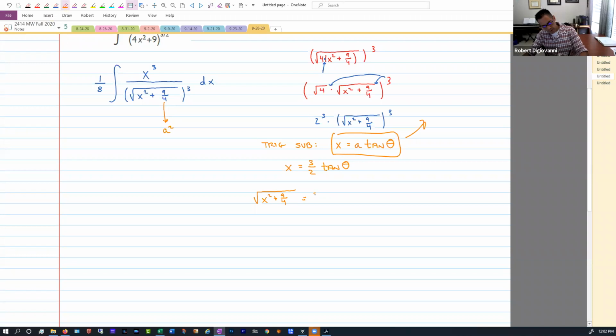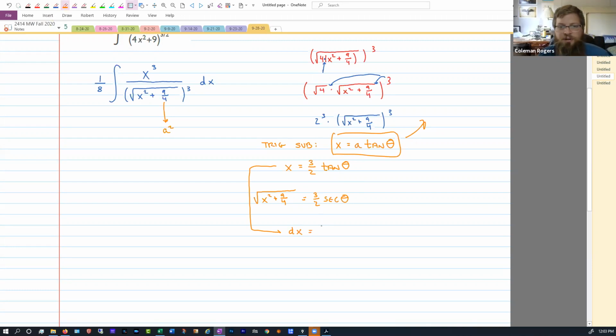Okay, so a here is 3/2, and then secant theta. And you're just getting that off the little formula sheet, right? Yes. Okay, and then we're also going to need to know what dx is. So do you want to tell me what dx is, Coleman? It'd be a secant squared theta. Okay, so 3/2 secant squared theta d theta. Good.